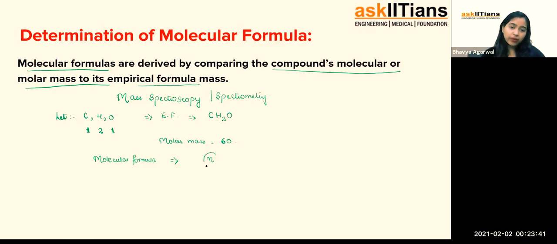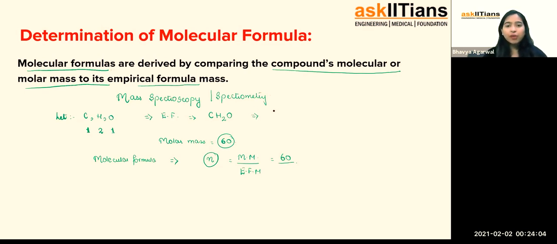And that ratio we designate as N. It is the ratio of molecular mass by empirical formula mass. Now the molecular mass is given as 60. What is the empirical formula mass? Can I just calculate? Yeah.